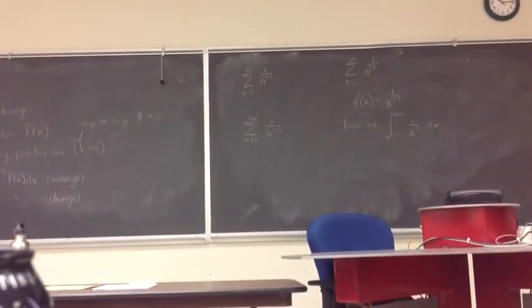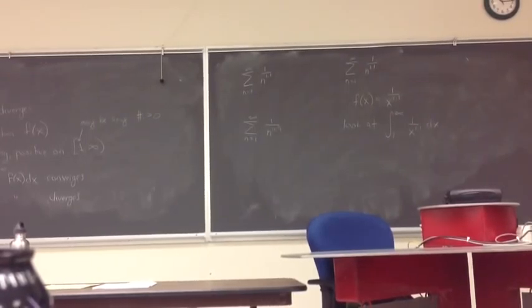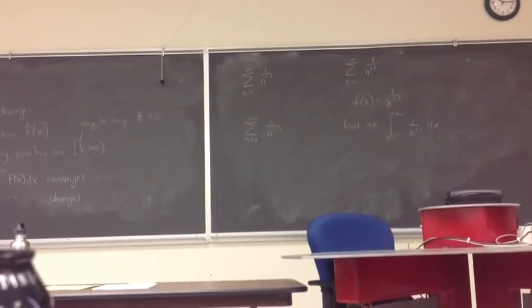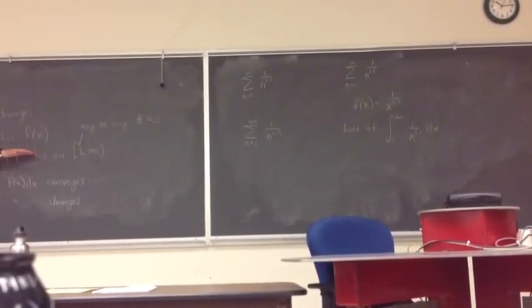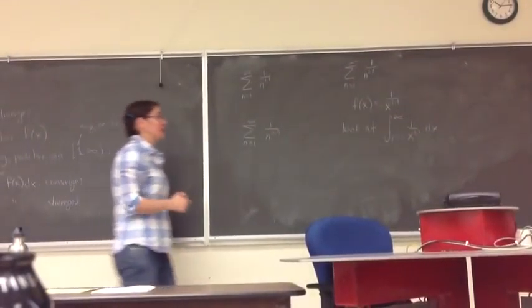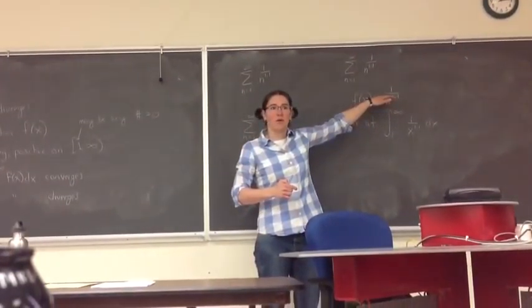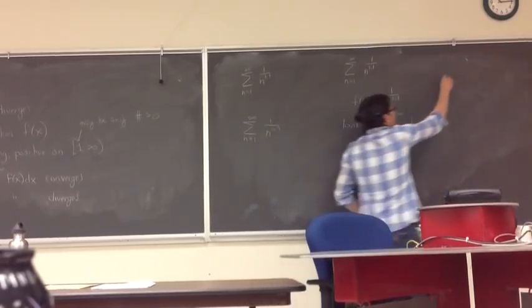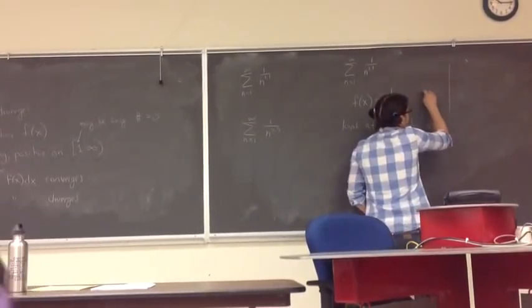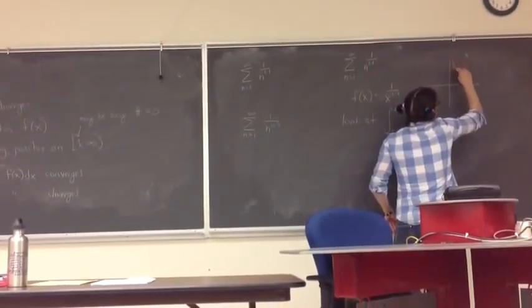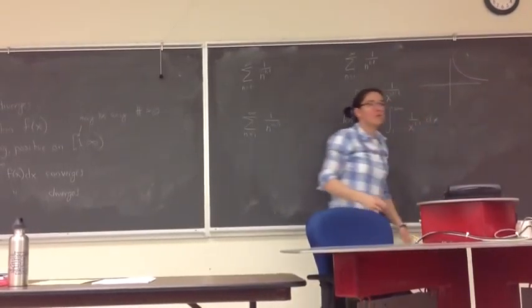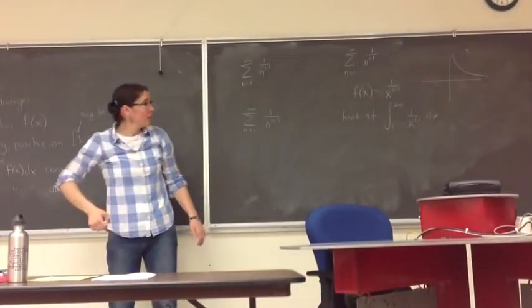Now there are three things that every single time I use the integral test, I need to check to make sure that the function I've chosen is continuous, decreasing, and positive on our particular interval. And so here our f of x is 1 over x raised to the 1.1. If I draw a picture of this on my calculator, it's going to look something like this, roughly speaking.